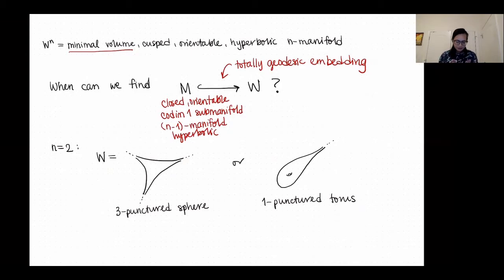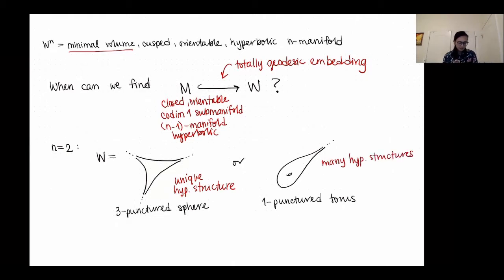It turns out that the 3 times punctured sphere has a unique hyperbolic metric, a unique hyperbolic structure. However, the once punctured torus has a positive dimensional Teichmüller space, so here we have many hyperbolic structures.